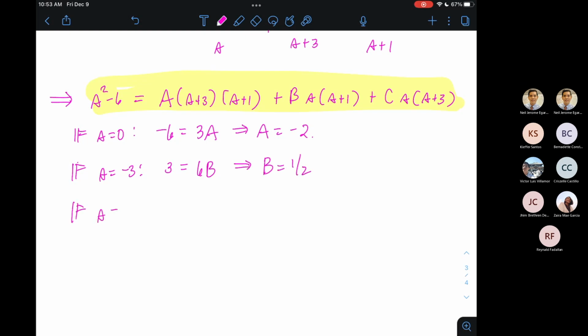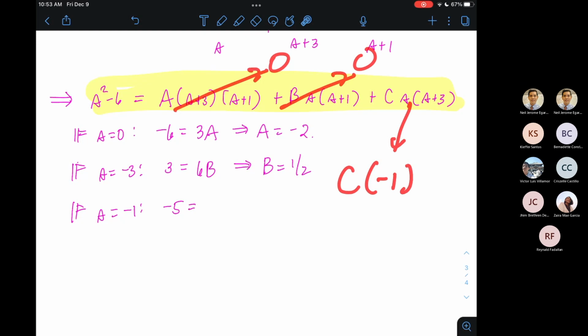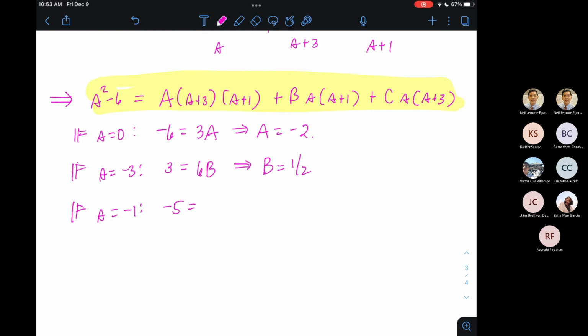And then if S is, what's the last annihilator? The last annihilator is -1. If S is -1, we'll have -5 equals -1. This will be 0. This will be 0. S is -1. Tama ba? 2, -1. So I'll have -2C. So that means C is equal to 5/2.